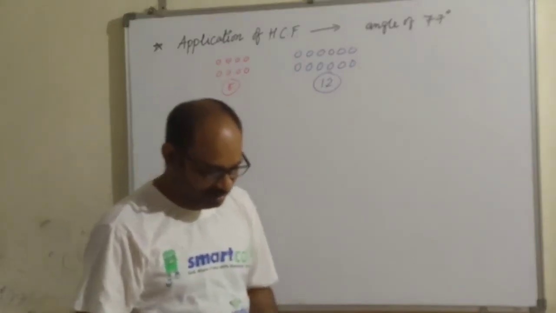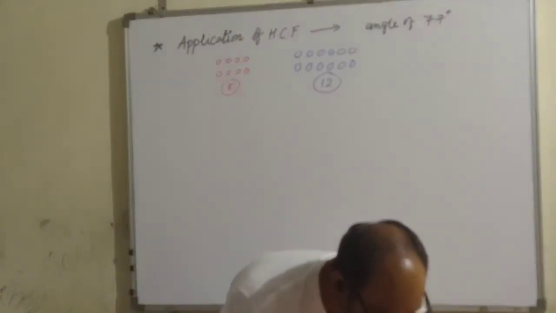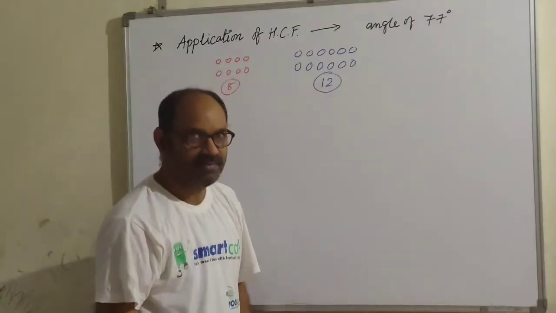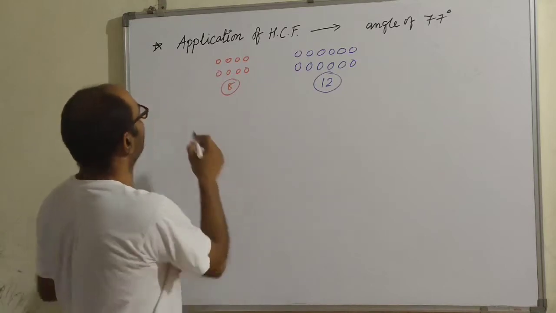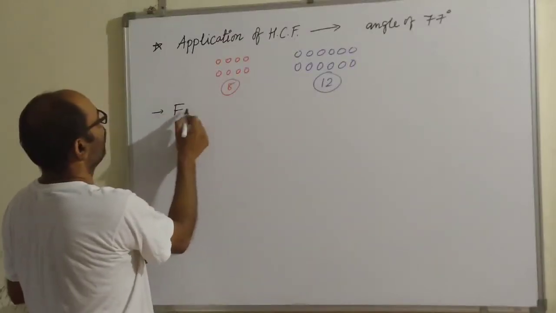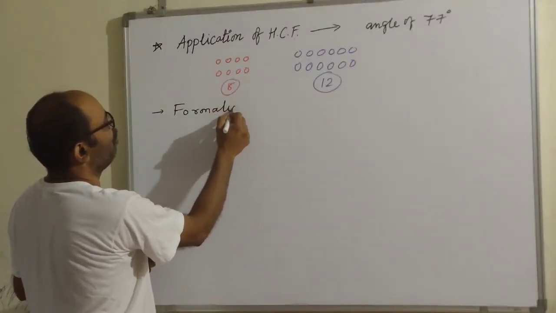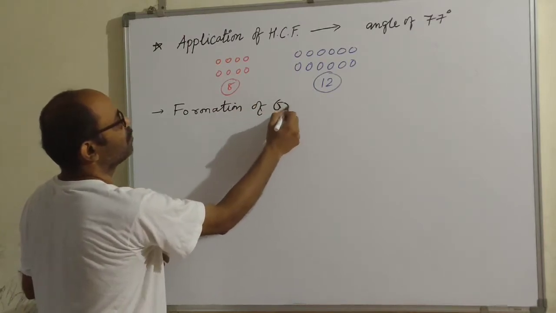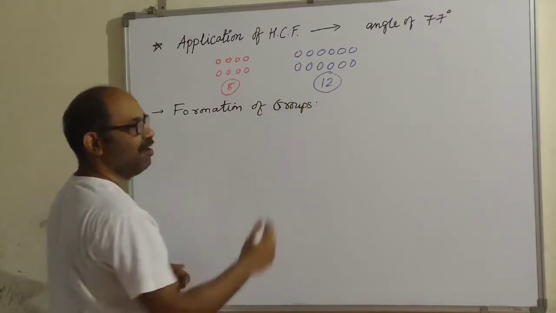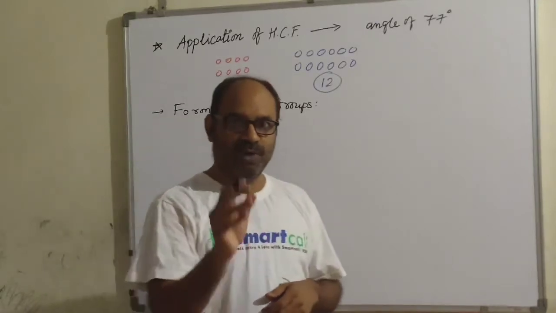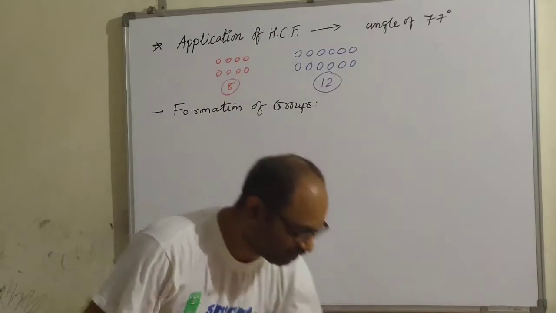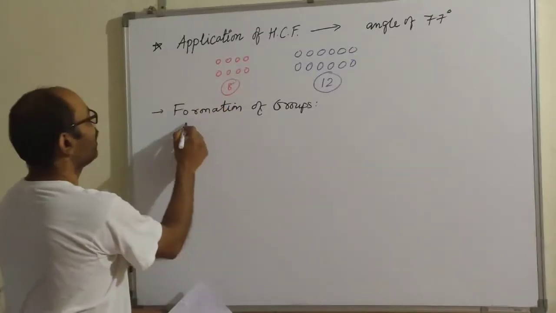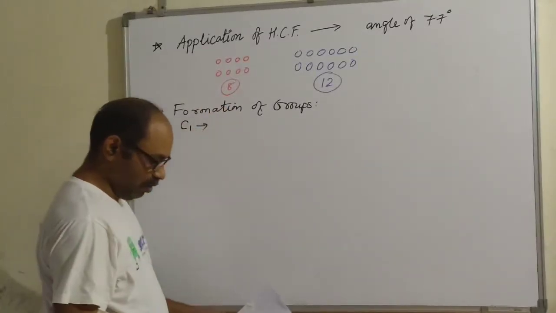Correct? Now we need to see the rules of the game. In this game, we are going to form groups. What we are going to do? Formation of groups. And to form the groups, we have to fulfill certain conditions. First condition is condition 1.